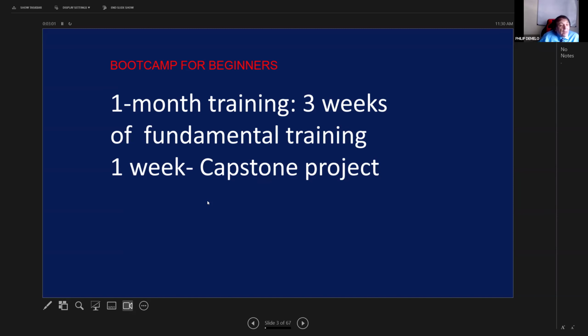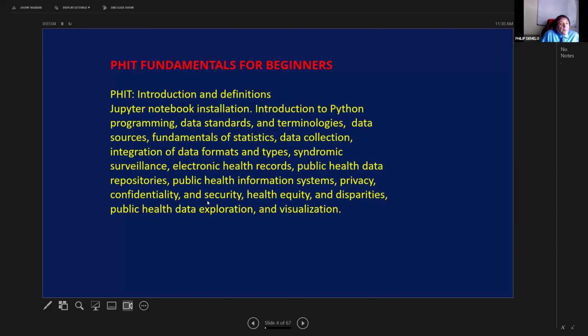Regarding the fundamentals for beginners, first we give them an introduction and definitions. From lecture 1, we ask them to install Jupyter Notebook, and we teach them some Python programming, because Python is not only a programming language, it is also a great optimizer of computations and different operations.